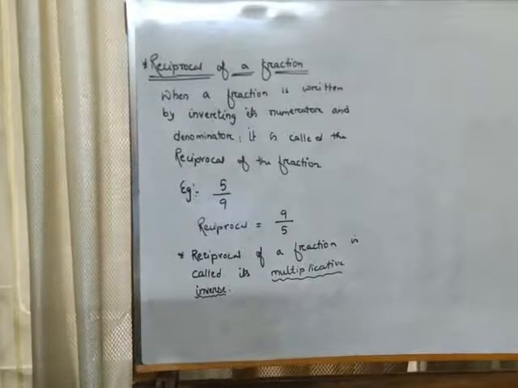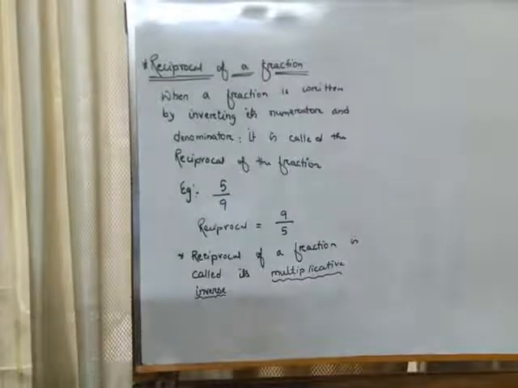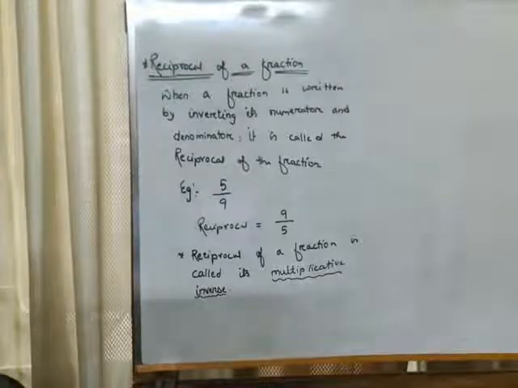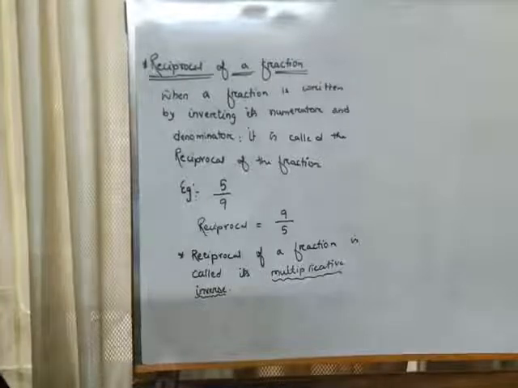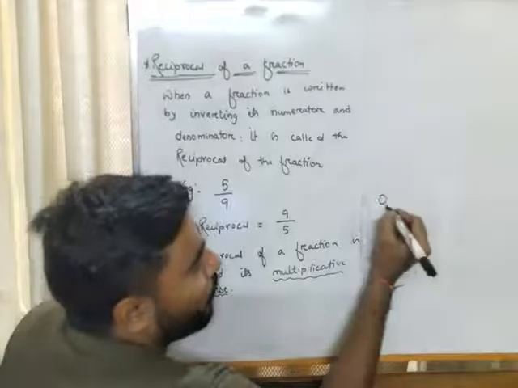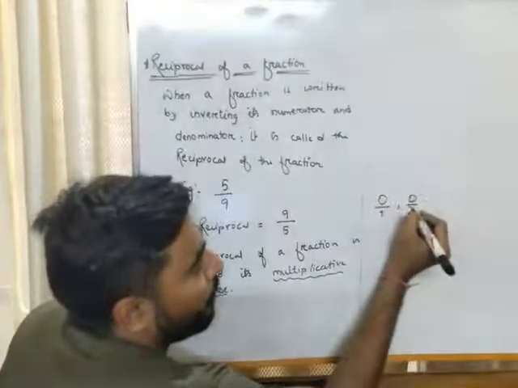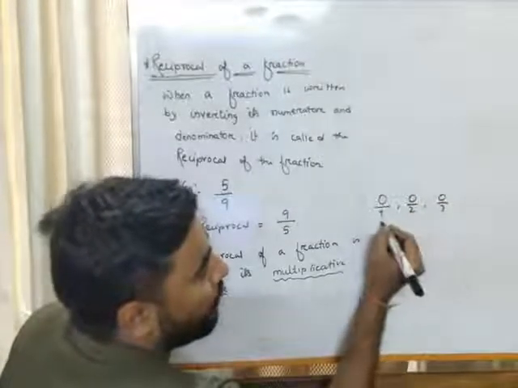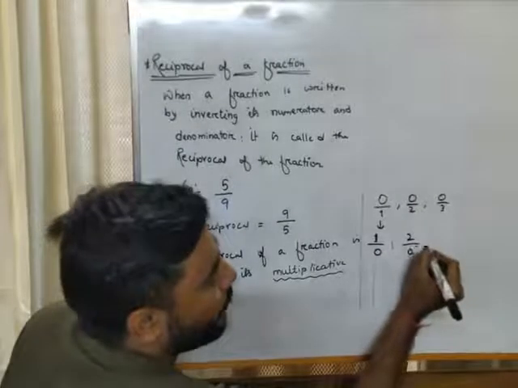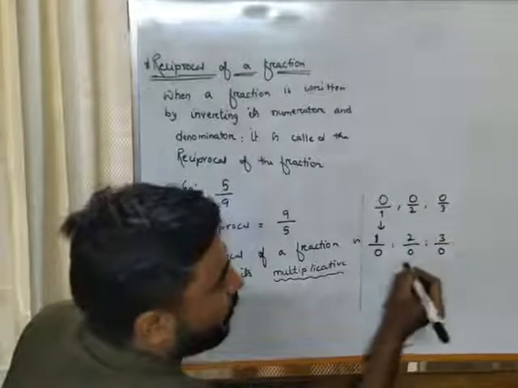Then, no, 0 doesn't have a reciprocal. 0 won't have its reciprocal because if we have 0, 0 may have denominator 1, may have 2, may have 3, but if I reciprocate, it will become 1/0, 2/0, 3/0.